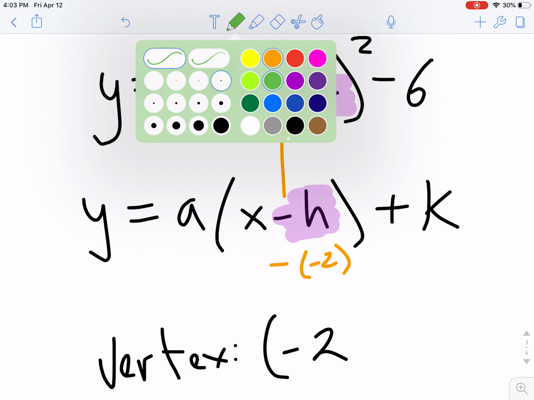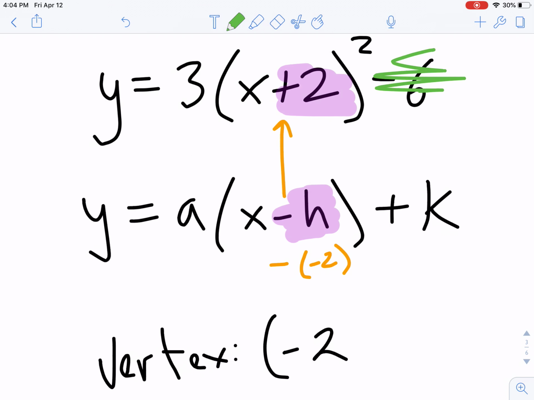And then my k value is the -6 at the end.